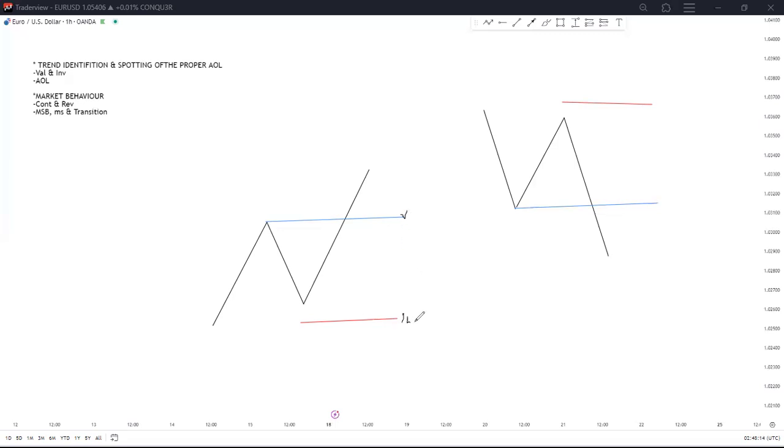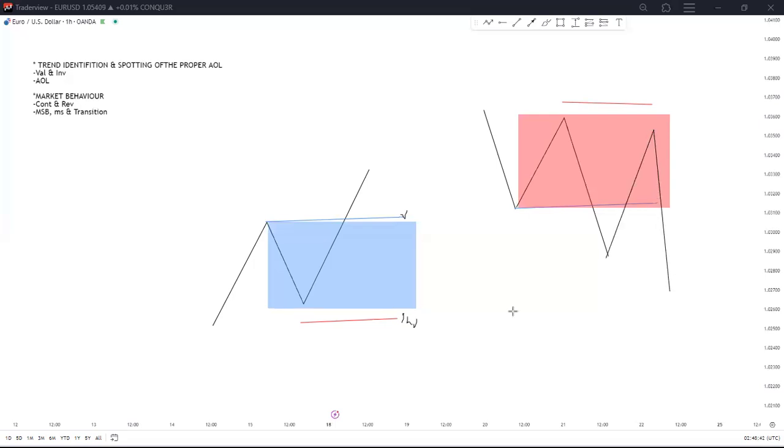This is our area of liquidity, which we consider the bullish type area of liquidity. But this one here is also our area of liquidity, which we consider the bearish type area of liquidity. And then we expect the market to come right here and proceed with the bearish move.